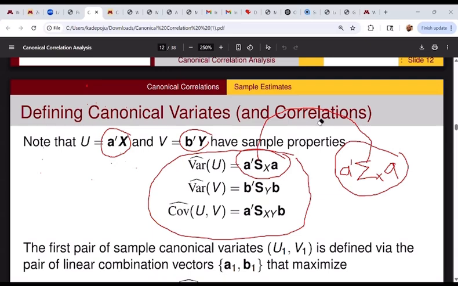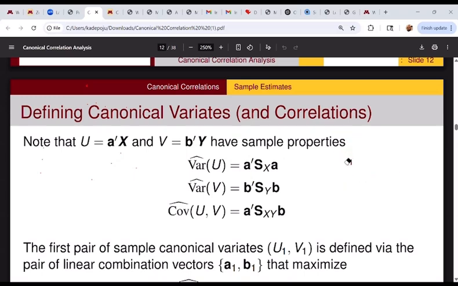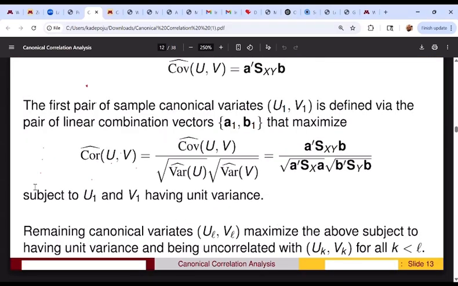I think I've shown you the population one before, and what I'm going to show you now is the one for the sample. If I want to get a correlation, it's going to be the estimate of the correlation. They're all going to have a cap on them. And you can see the covariance structure has changed: when we use S, it means the one for the sample.